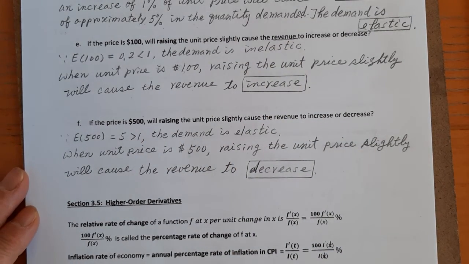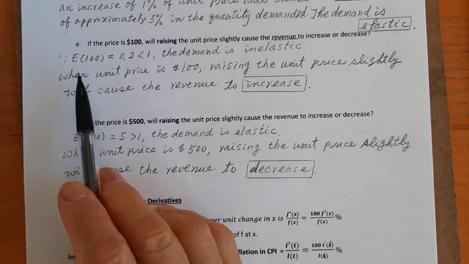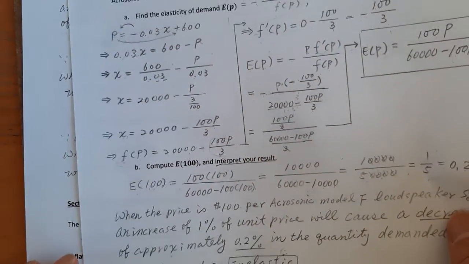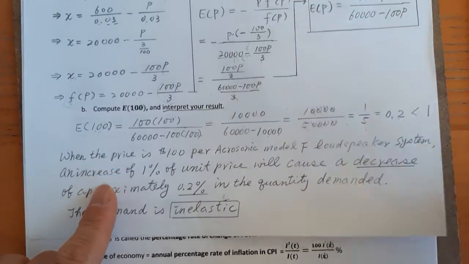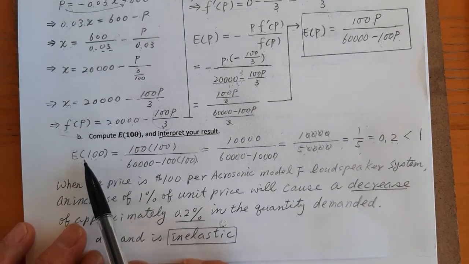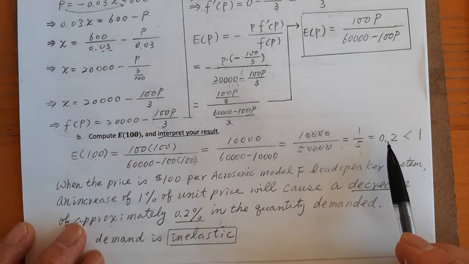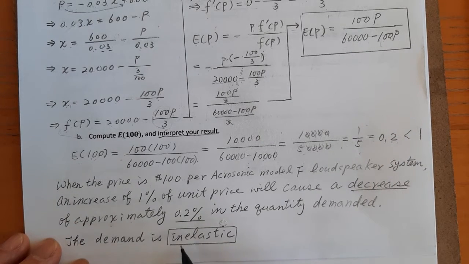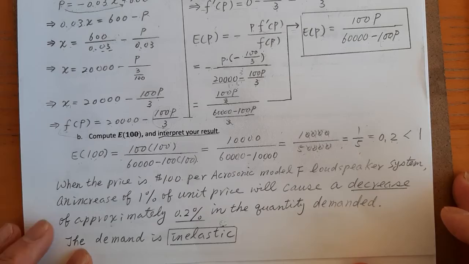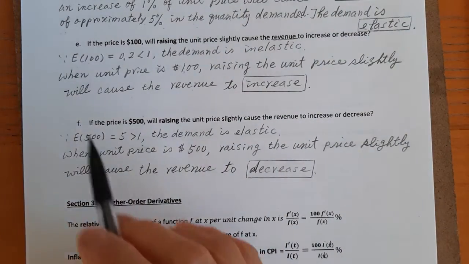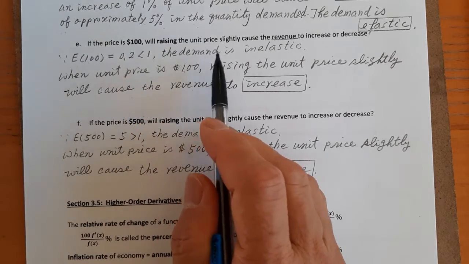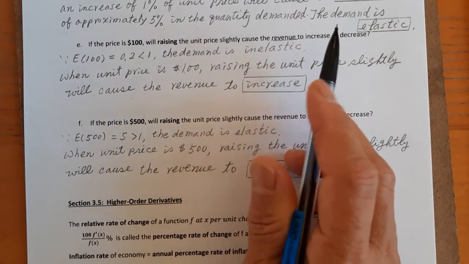So first of all, we are looking for E of 100, which we figured out in part B. E of 100 equals 0.2, which is less than 1, so the demand is inelastic.